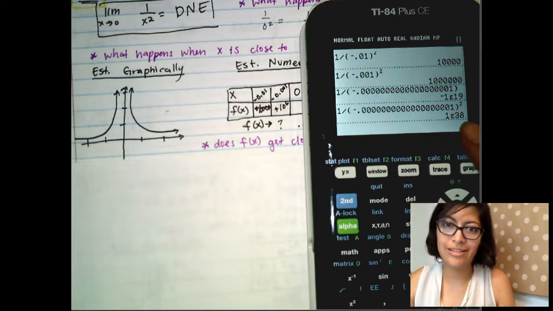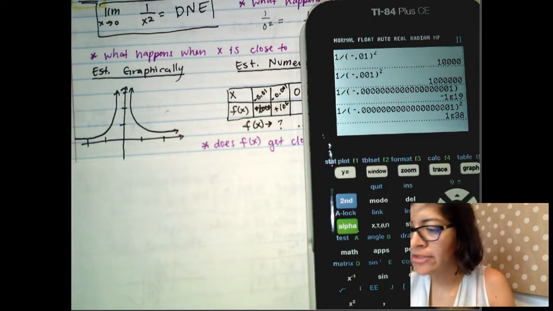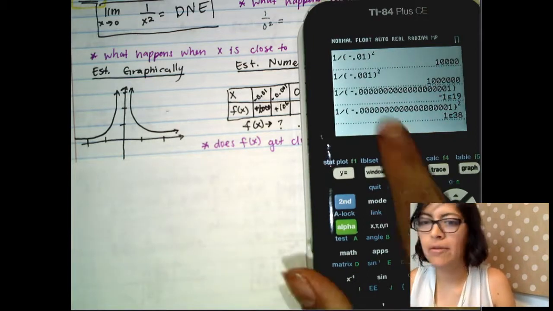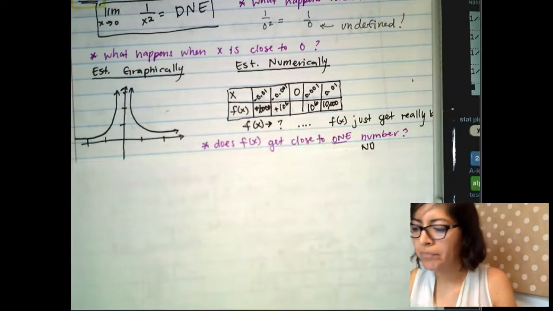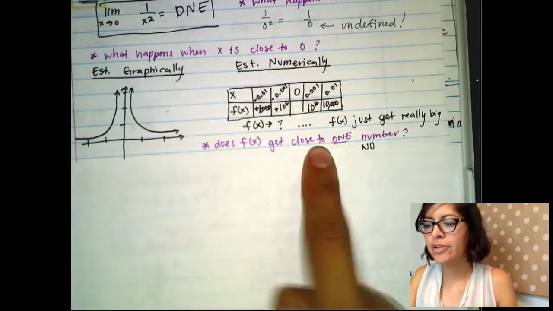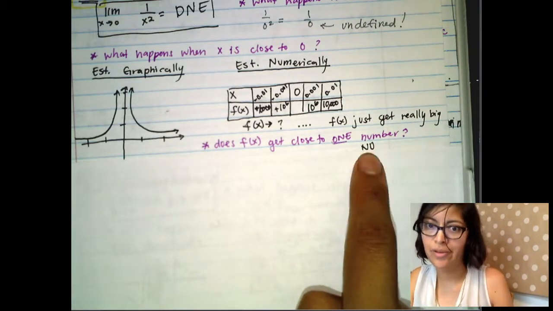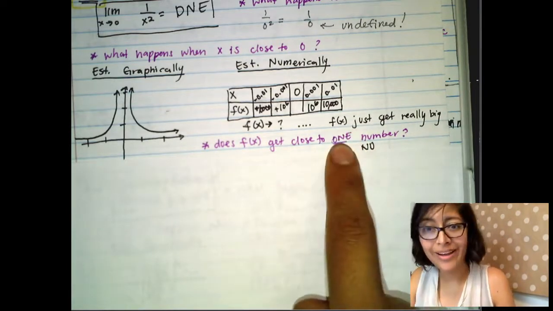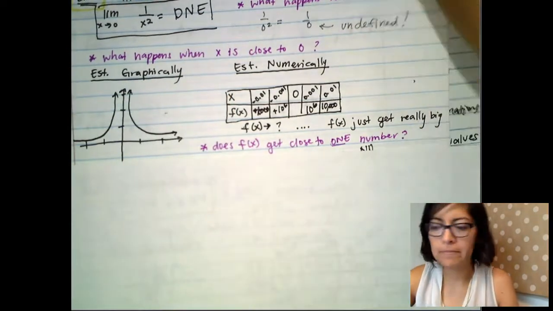That's 1 with 38 zeros at the end of it. That's a huge number. So the numbers just keep getting bigger and bigger. The closer that we get to 0, the bigger the numbers get. Same thing happens on the positive side. So does f of x get closer to one number? The answer is no. Since it does not get closer to one number, the limit does not exist. So this does not exist either.